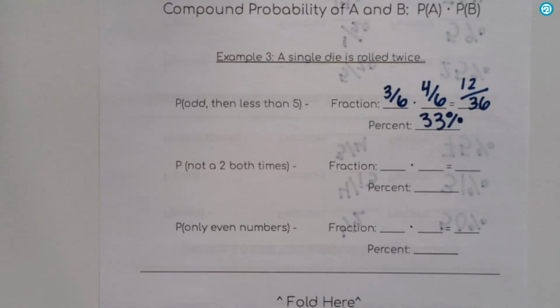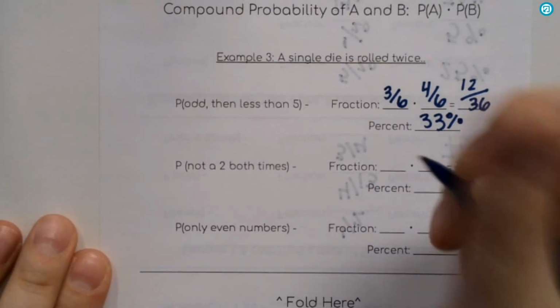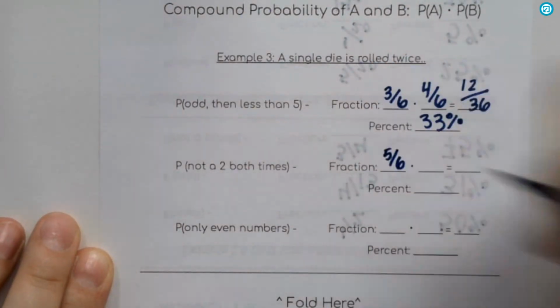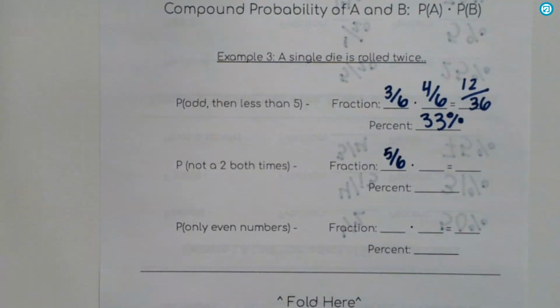Alright, next one. The probability that we roll not a 2 both times. So we never roll a 2. What is the likelihood of us not rolling a 2? Think about all the other things that could happen. 5 out of 6, awesome. So it's going to be 5 out of 6. And then once again, we're looking for the same thing to happen again.